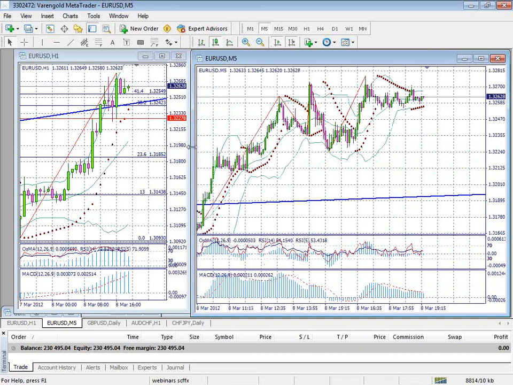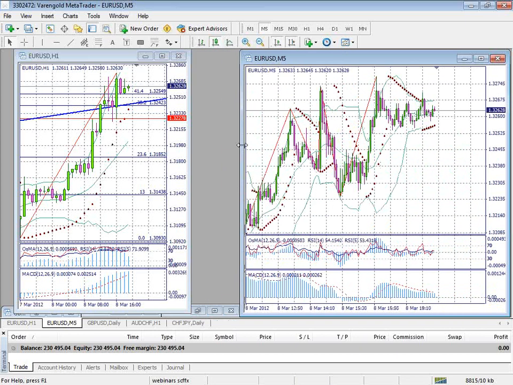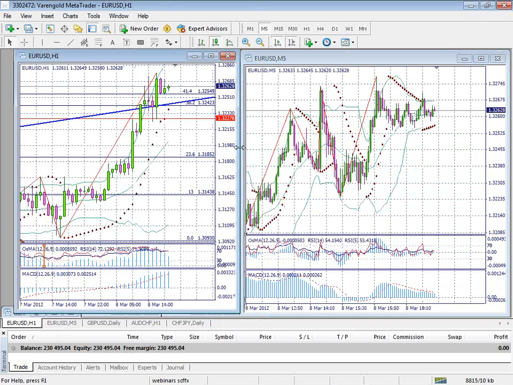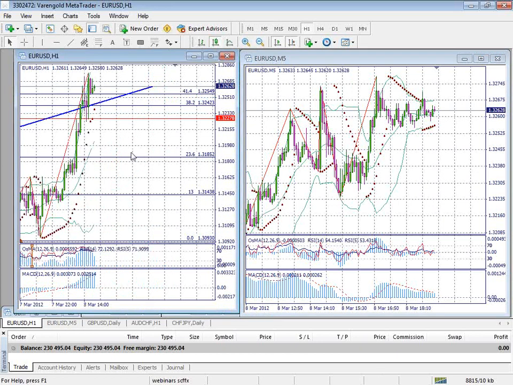Actually, this is how my platform is looking when I'm trading, when I'm going just a few hours on platform and I start to trade on a daily basis.